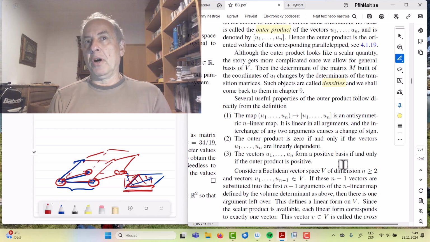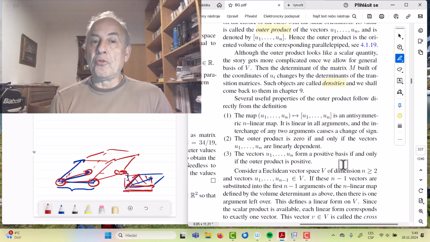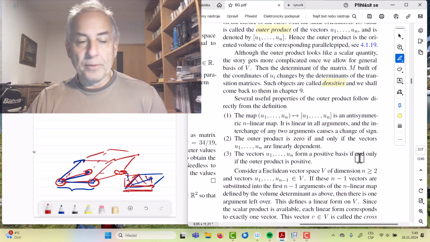And imagine we are now in a Euclidean vector space, so every linear form is the same thing as a vector, right?